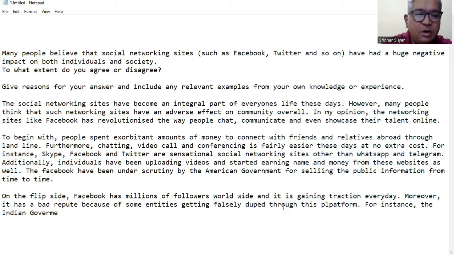For instance, the Indian government also arrested a man for duping. So I have used a gerund. Duped was just a verb. So you can in fact use a gerund, or maybe also use an adverb when it comes to economy, economically, and things like that.